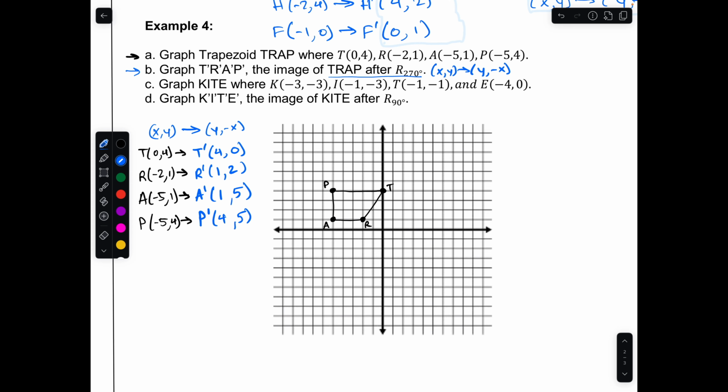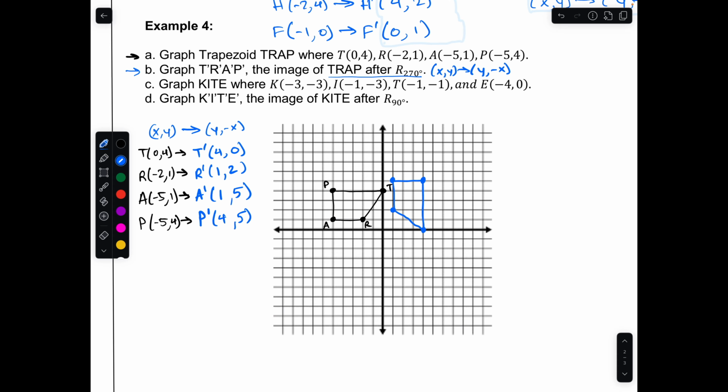Let's go ahead and plot those. T prime is at 4, 0. R prime is at 1, 2. A prime is at 1, 5. And P prime is at 4, 5. We can connect our dots again.